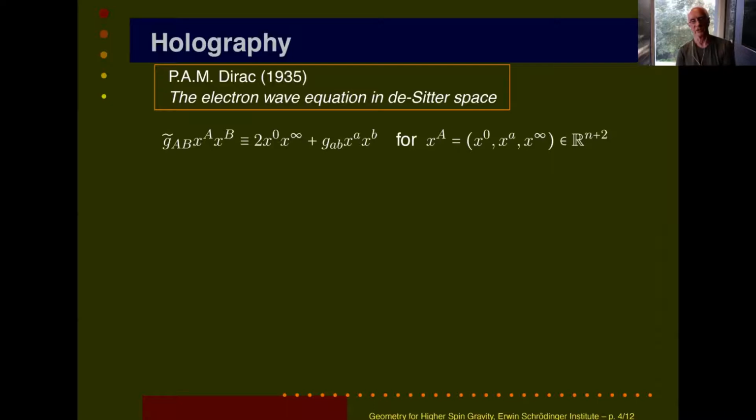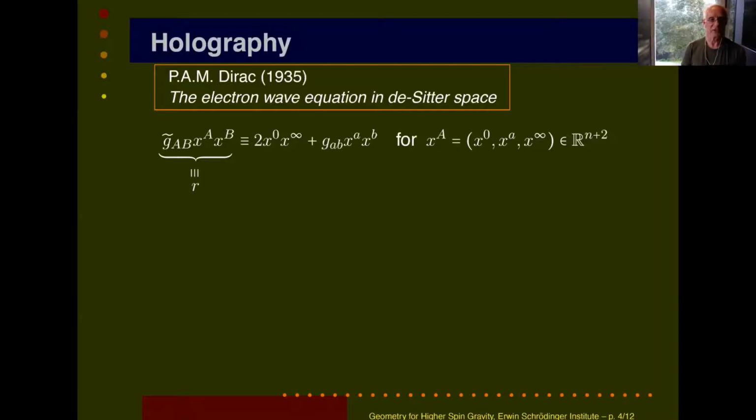So a symmetric matrix of indefinite signature. This is the Lorentzian metric in R^(n+2), and this is the thing that's being preserved by SO(n+1,1).